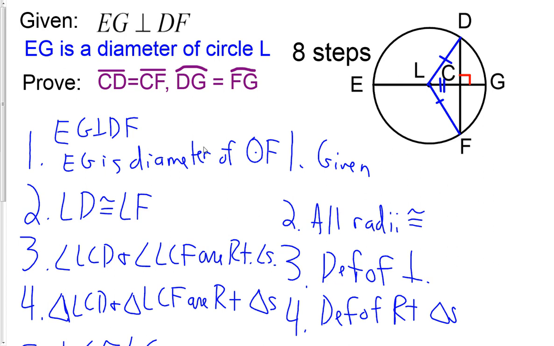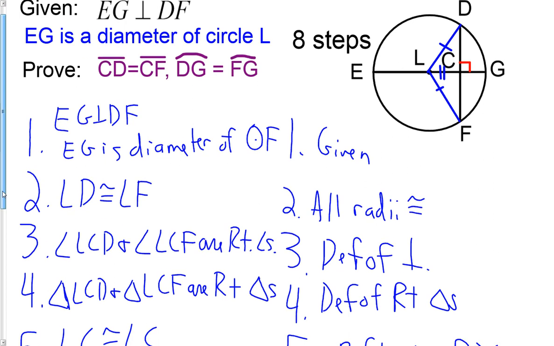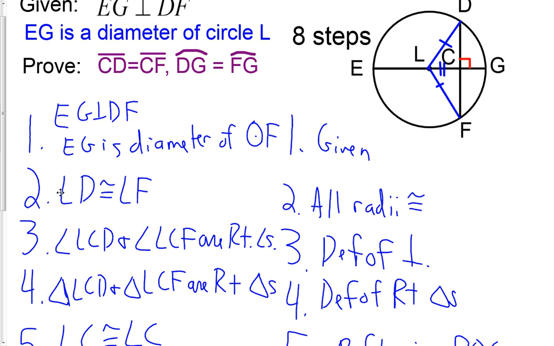So let's walk through. First, given, straightforward, right? Hopefully you've had time to write that down. If not, again, pause the video to write down the proof. LD congruent to LF is all radii congruent. LCD and LCF are right angles because perpendicular, right? Definition of perpendicular means all 4 of those angles are right, and therefore that triangle is going to be a right triangle.